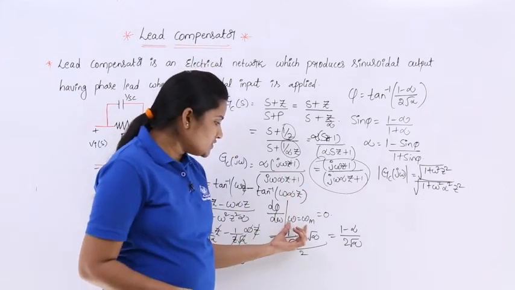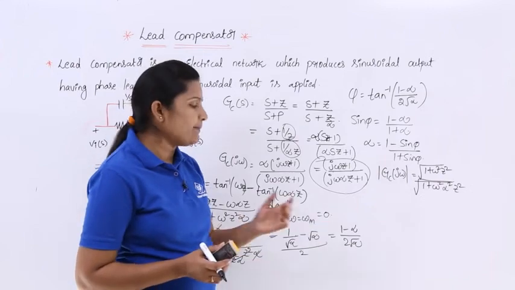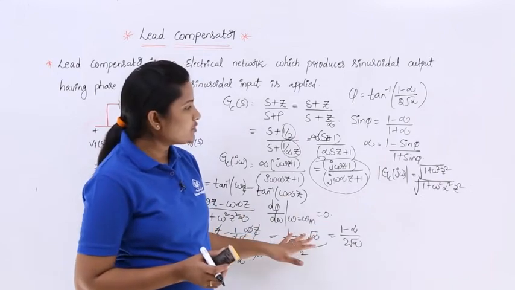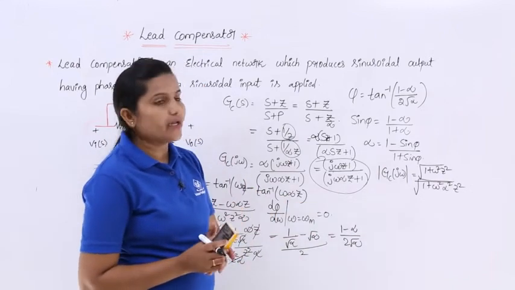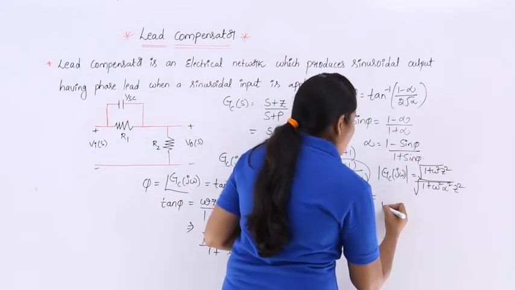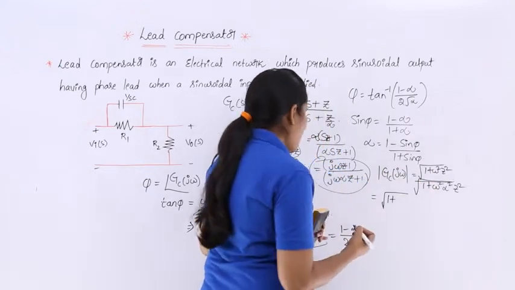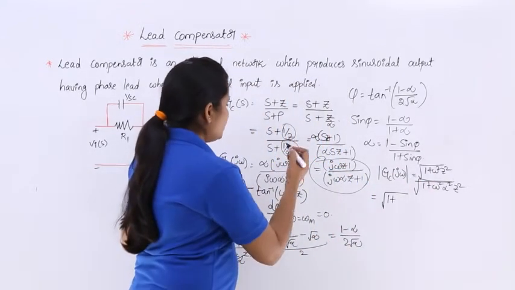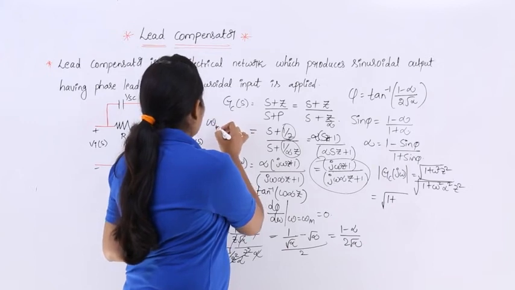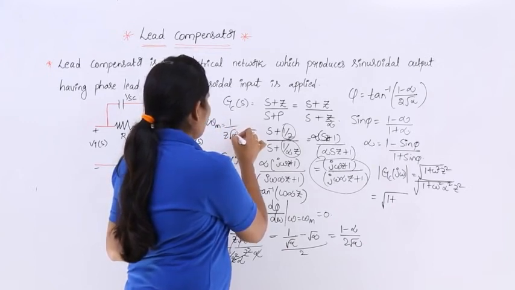Here also, if you substitute omega equal to omega m, then what will happen? We already calculated the omega m value as 1 by Z root alpha.